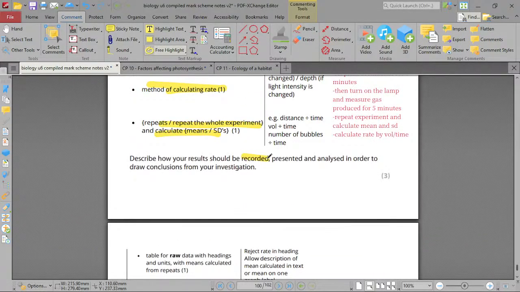Okay. How to record, present, and analyze. So, record raw data in a table with headings and means calculated from the repeat experiments.